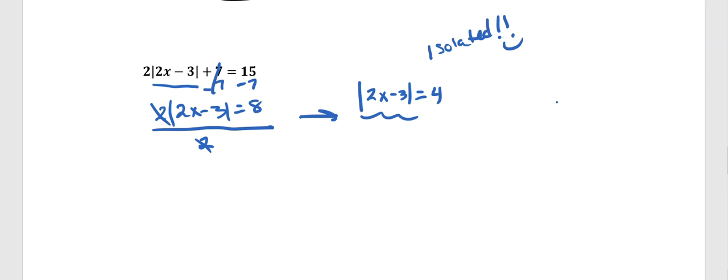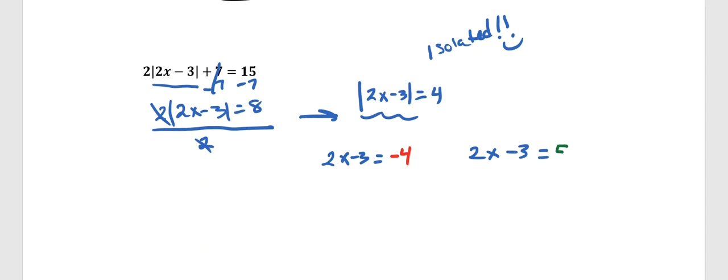So we're ready to pick up where we left off with the earlier lesson. We can now say that this expression, 2x minus 3, is either 4 to the left of 0, thus equal to negative 4, or this expression, 2x minus 3, is 4 to the right of 0, so it's equal to 4.